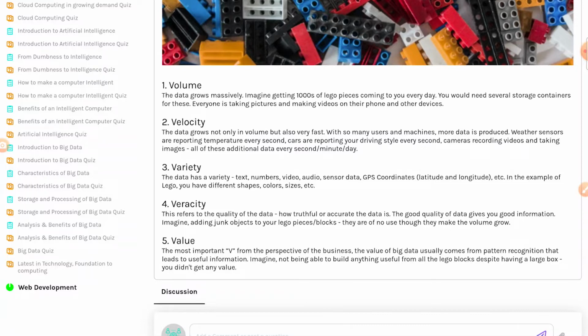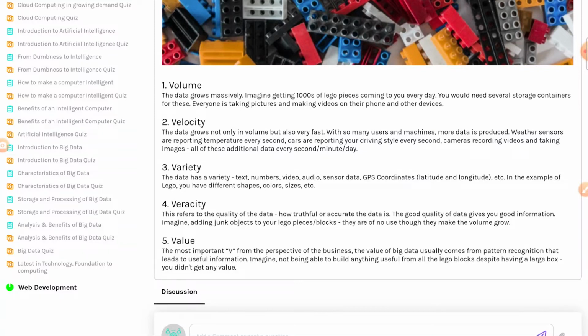All of that is data. It's like every day somebody is coming and dumping tons of containers full of Lego blocks in your house, right? Everybody is taking pictures and making videos, ultimately growing the data globally, not just your data, but globally. So that's the volume we are talking about, rapidly growing data.